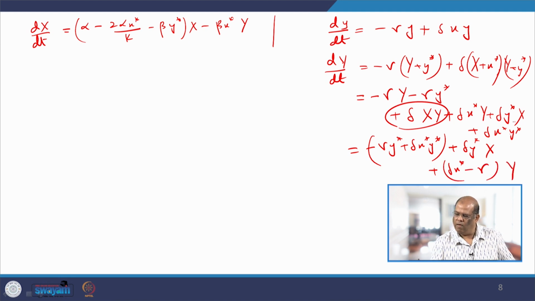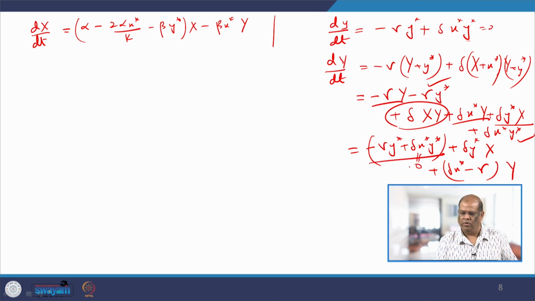So, we have x term, we have y term, and we have the constants. So, with the same logic, if x star y star is our equilibrium solution, it is going to satisfy this. So, if I put x star here, y star here, this is going to be 0, and hence this part is equal to 0.